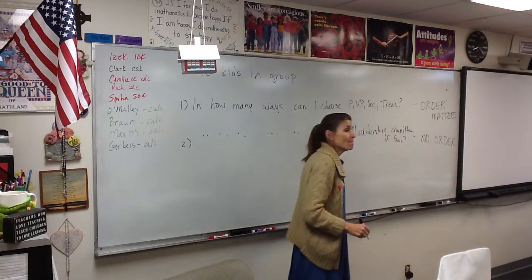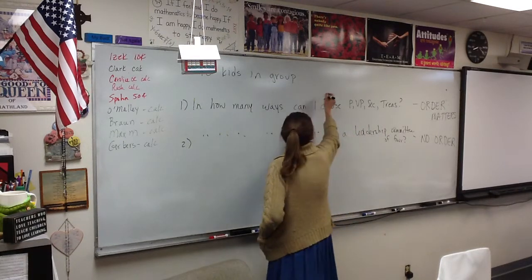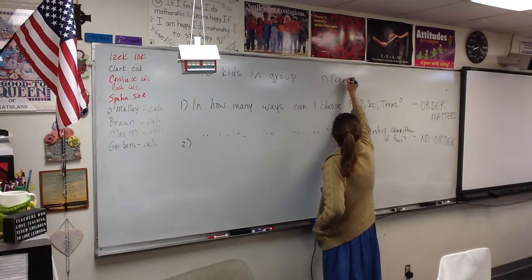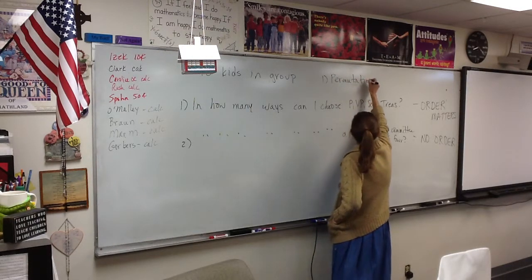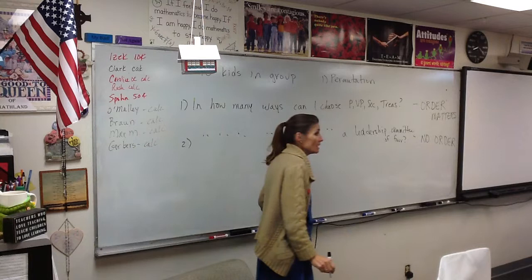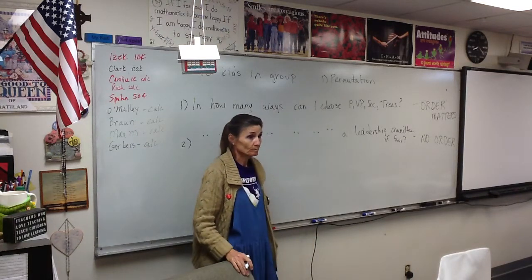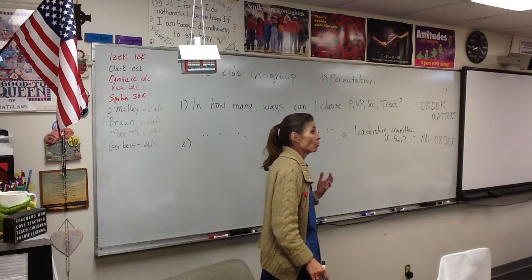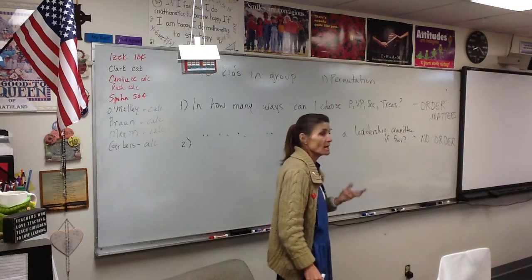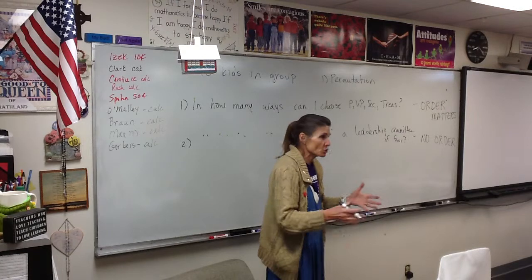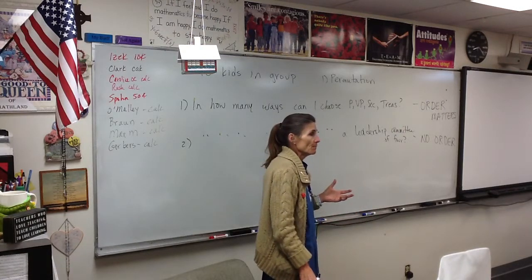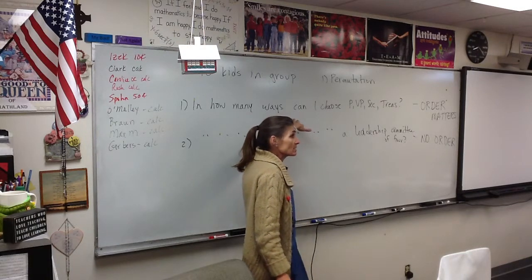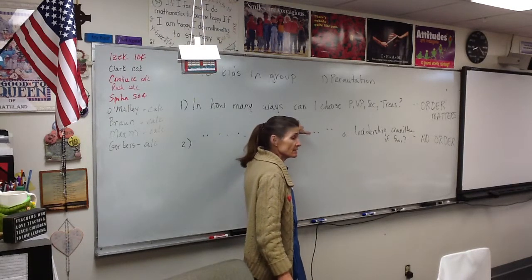When order matters, you have what's called a permutation. So number 1 is a permutation problem. Have you heard that word before? The word permutation implies arrangements, and arrangements means order. When you arrange things, you're putting them in order. Your calculator will answer this for you real easily.